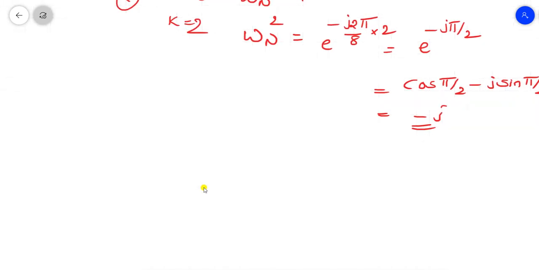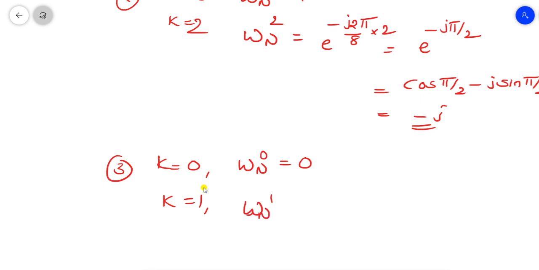Okay, and finally in stage 3, the twiddle factors are: k equal to 0, so W_N to the power of 0 is equal to 1, and k equal to 1, so its value is W_N to the power of 1, which is e to the power of minus j 2 pi by 8 into 1.